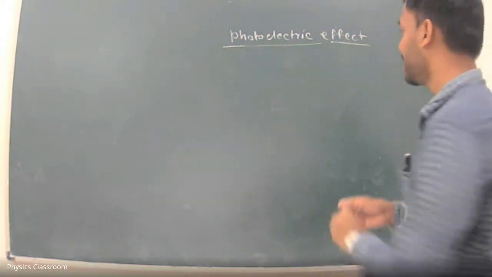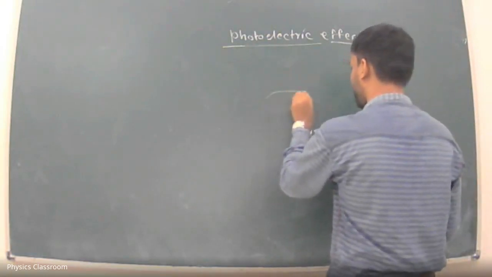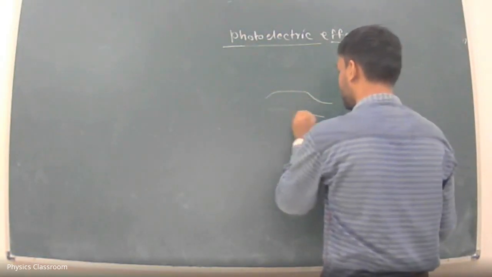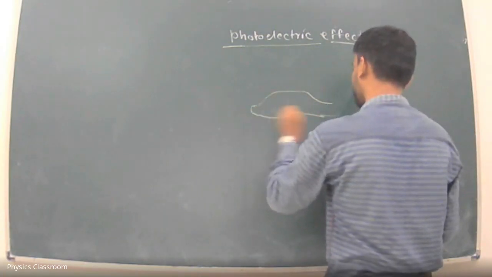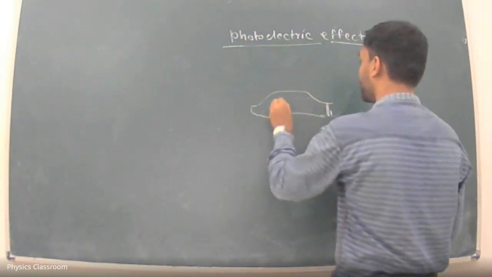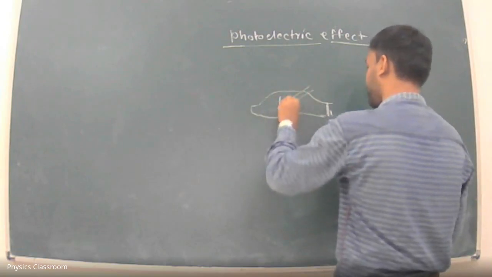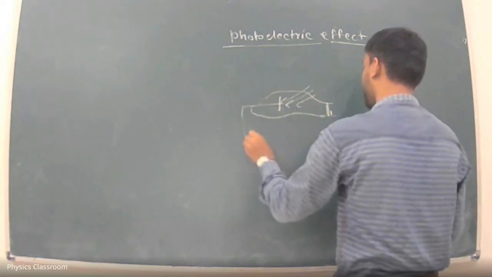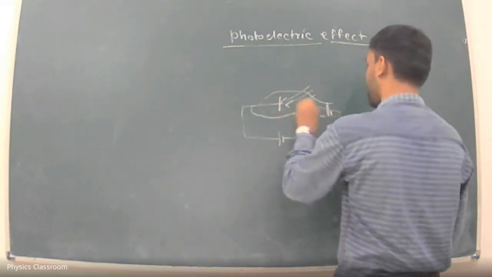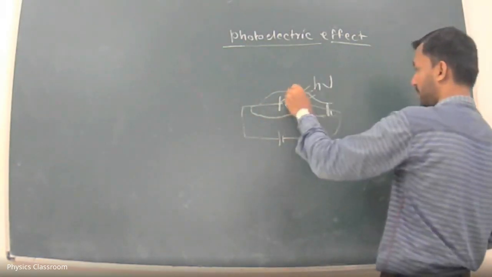If it is a vacuum tube, we already have some potential on it.